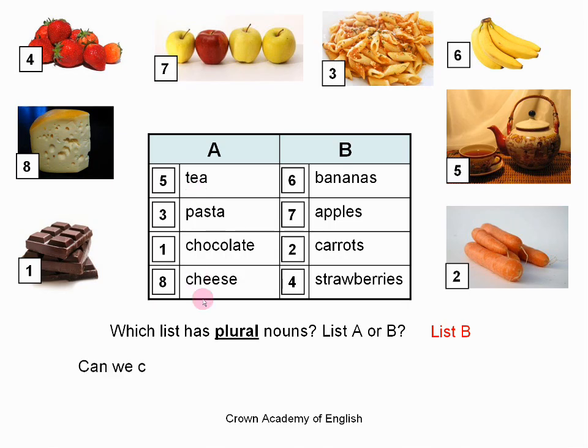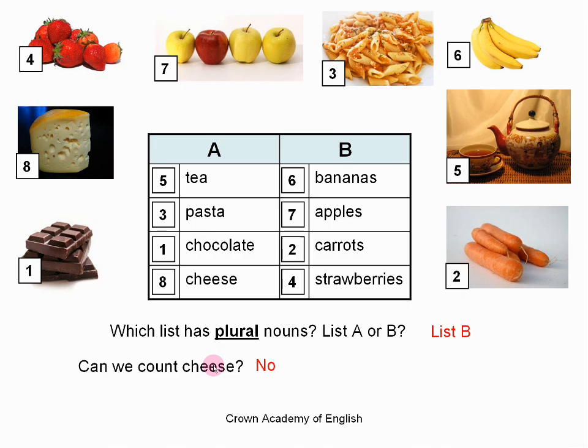Next question. Can we count cheese? Can we count it? Well, the answer is no, we cannot. We do not say 1 cheese, 2 cheeses, 3 cheeses. No, because cheese is just a big mass of product, of substance.